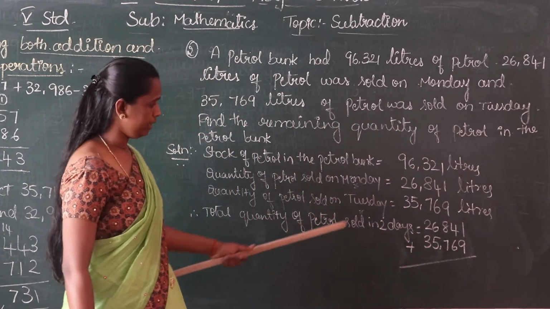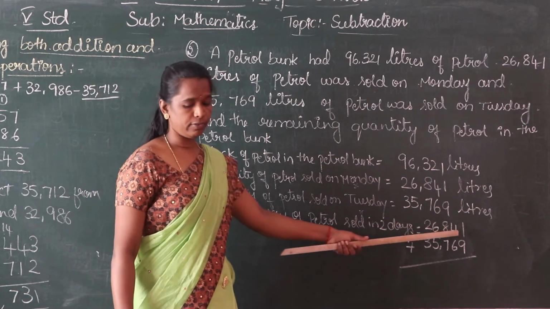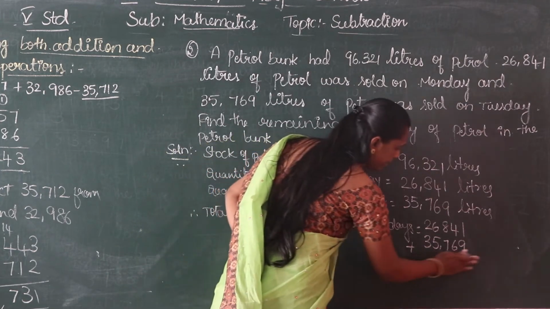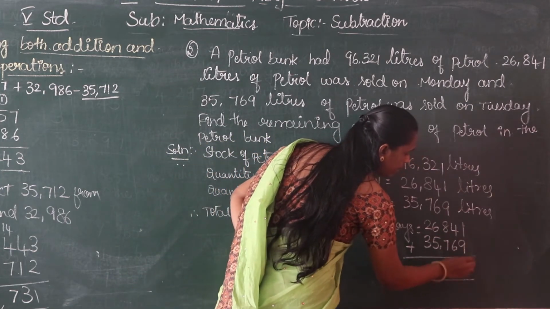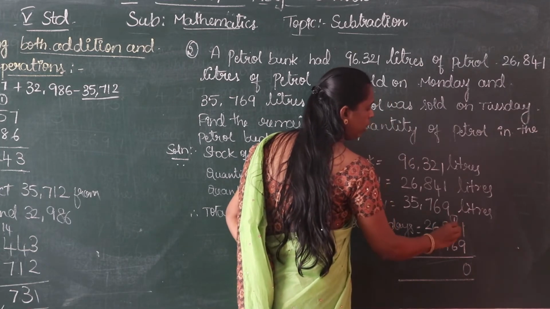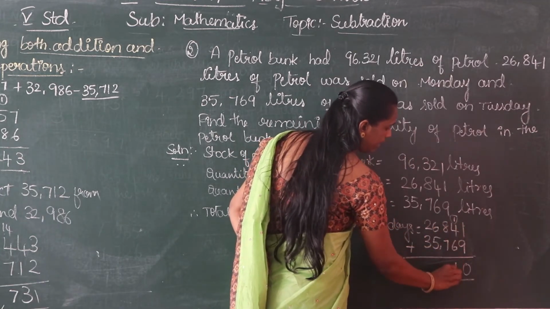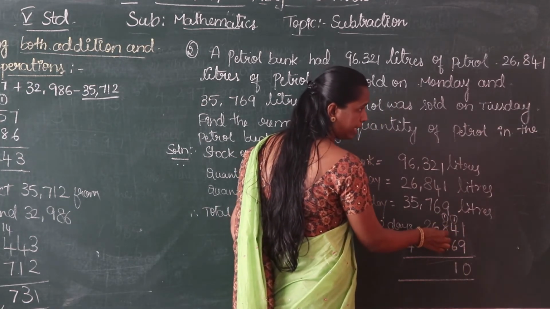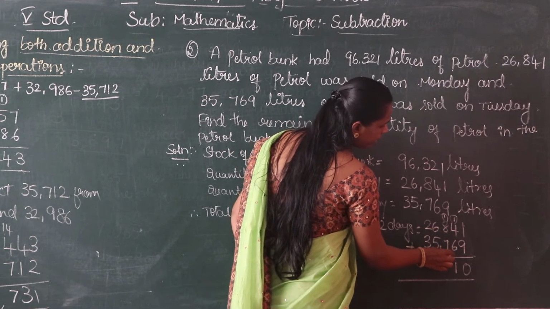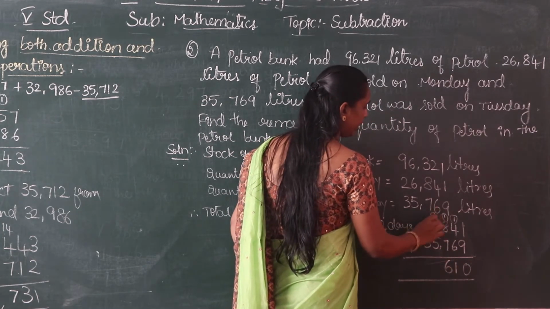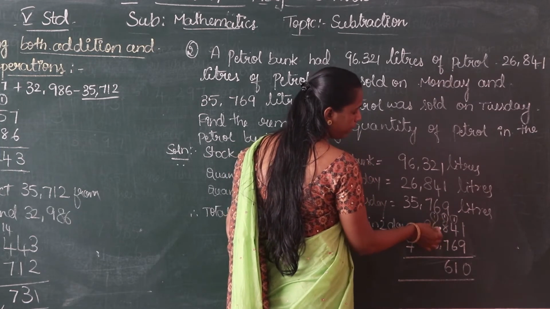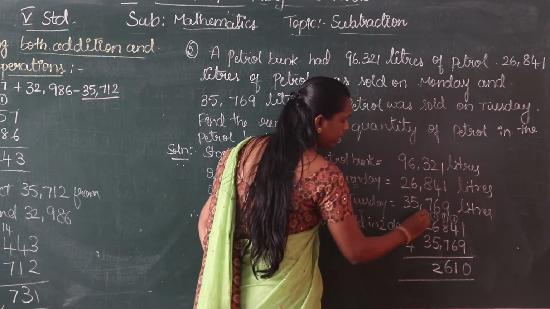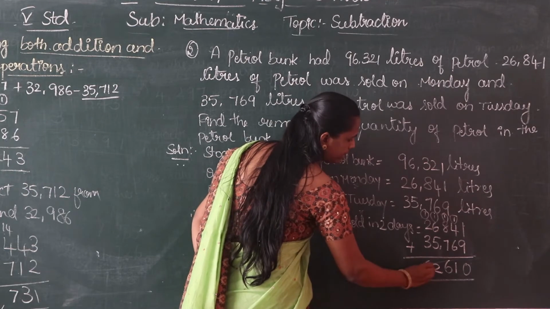So first add 26,841 plus 35,769. 1 plus 9, 10, write 0, 1 carry. 1 plus 4, 5, plus 6, 11, 1 carry. 1 plus 8, 9, 9 plus 7, 16, write 6, 1 carry. 1 plus 6, 7, 7 plus 5, 12, 1 carry. 1 plus 2, 3, 3 plus 3, 6.